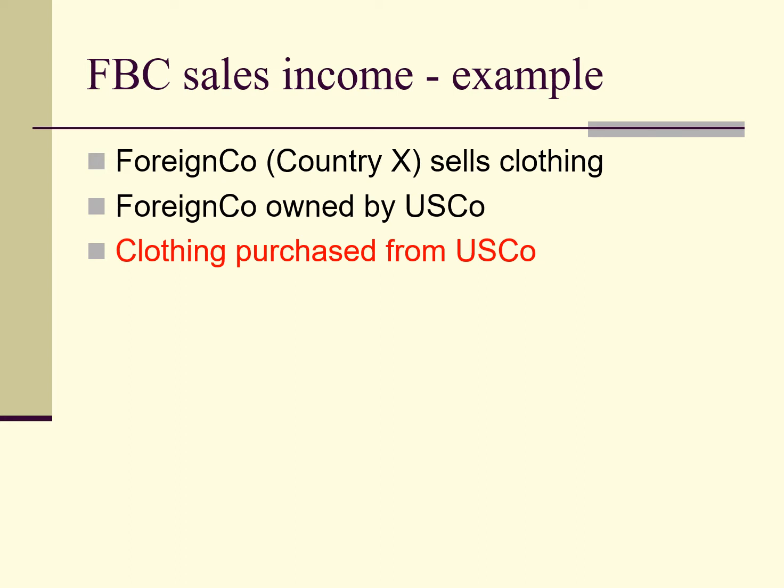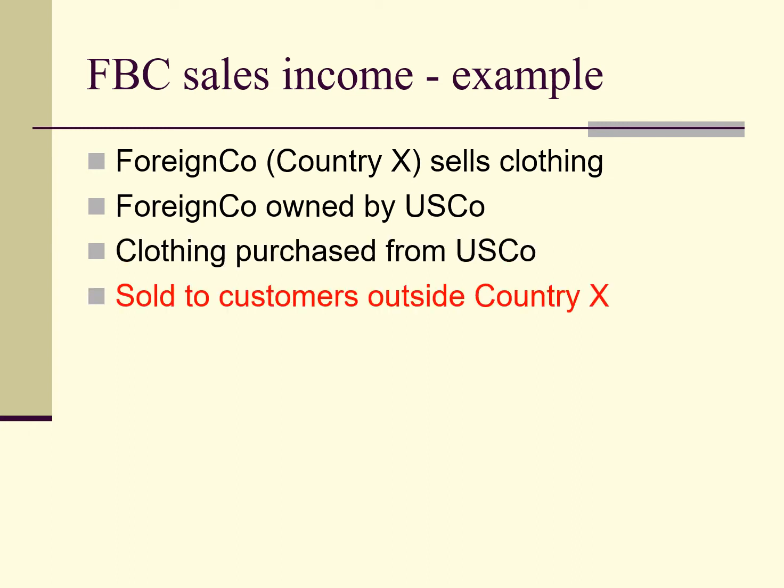The clothing sold by Foreign Co. is purchased from US Co. The clothing is not manufactured in country X. The clothing is shipped directly by US Co. to customers of Foreign Co. All of Foreign Co.'s customers are located outside of country X. Foreign Co. earns a net profit of 20% on sales. It pays no tax in country X.